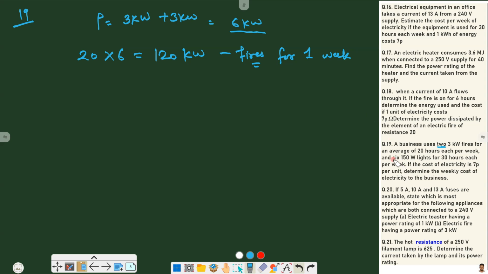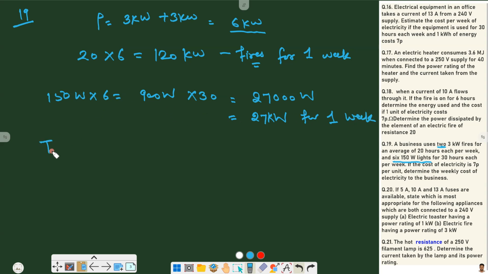Now there are 6 150-watt lights, so 150 watt into 6 lights, 900 watt, lights 30 hours each per week. So we will multiply it by 30, we will get 27,000 watt, or 27 kilowatt for 1 week. So total power will be fire plus lights.